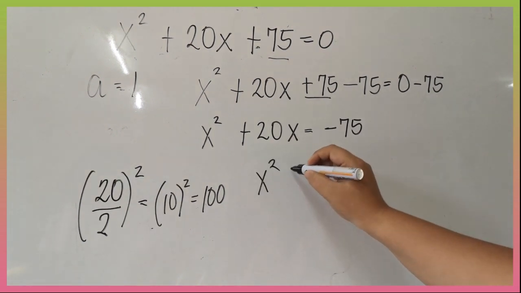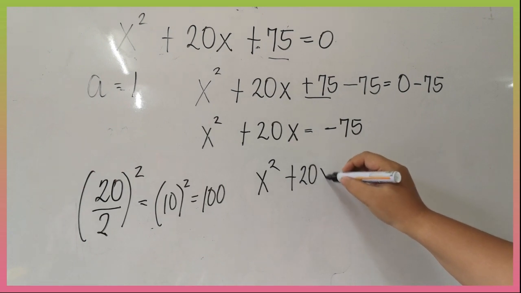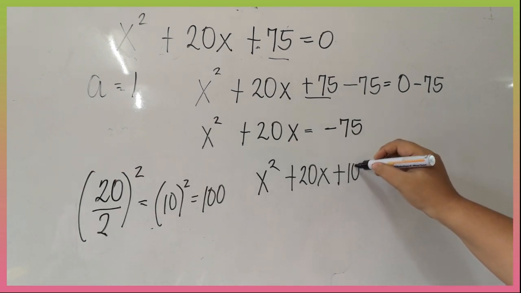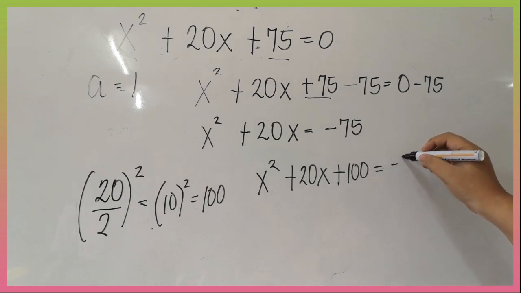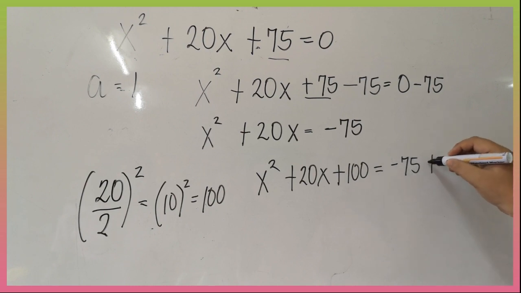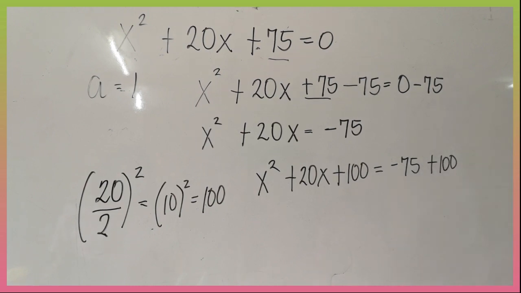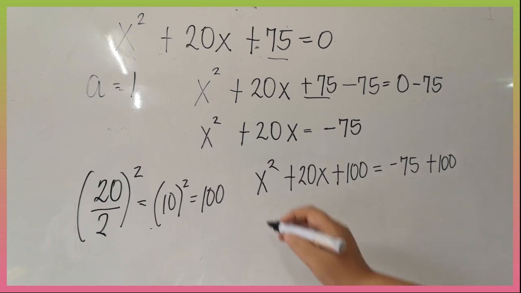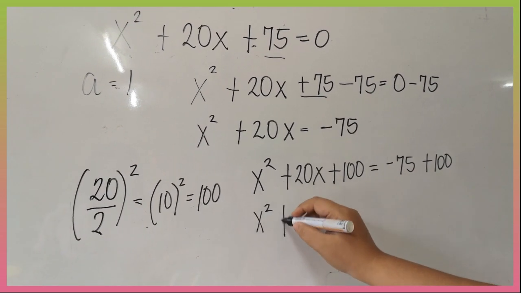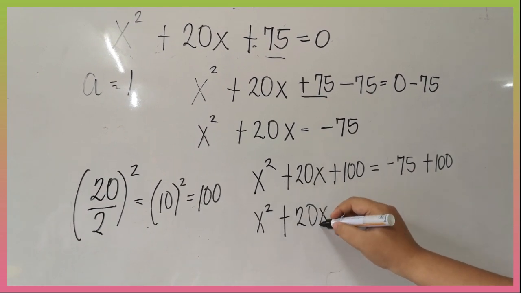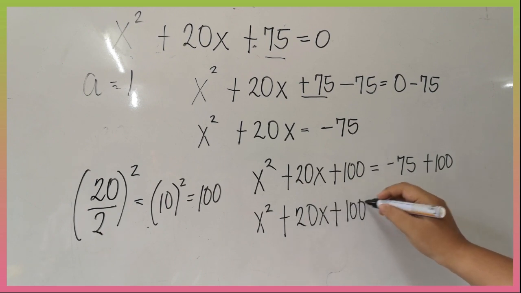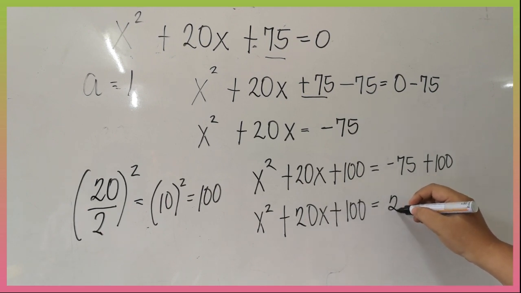X squared plus 20x plus 100 is equal to negative 75 plus 100. We need to simplify it. X squared plus 20x plus 100 is equal to 25.